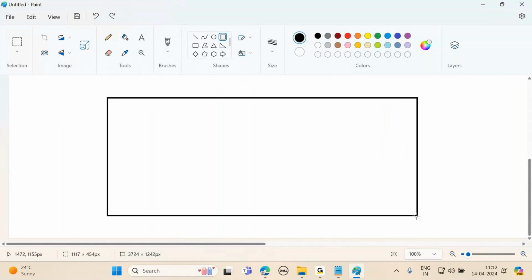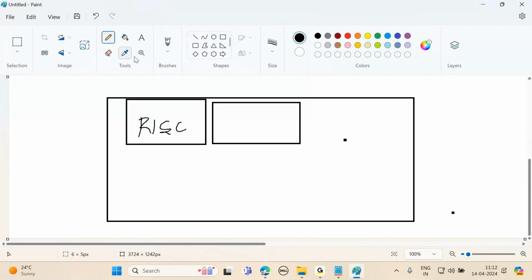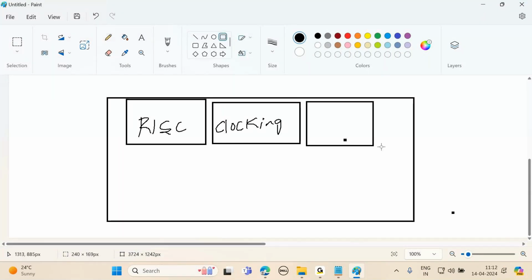In this IC, what are the blocks required? So you want ALU block, or you want a RISC core processor, you want a clocking module, you want Ethernet module. So what are the modules you want in IC?